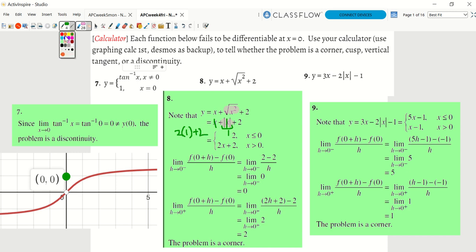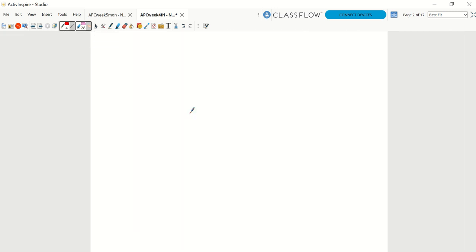The same goes if this was 3. The absolute value of positive 3 is still positive 3. So then you would still get 2 times 3 plus 2. So if x is positive, whether it's positive 1, positive 3, positive 5, positive 6, whatever, it's 2 times the positive number, whatever positive number you choose, plus 2.